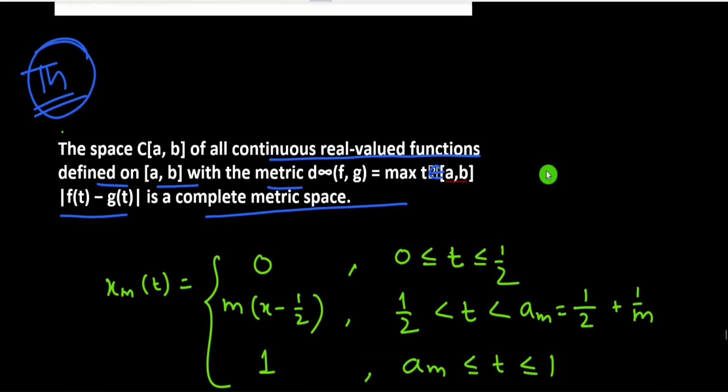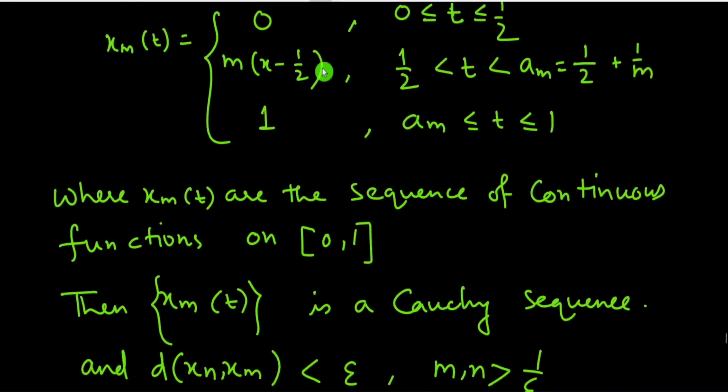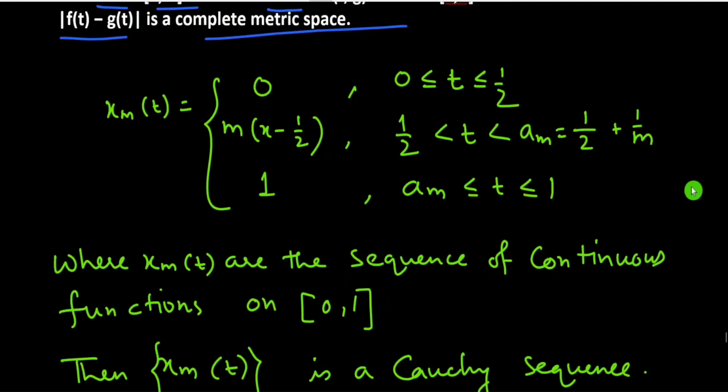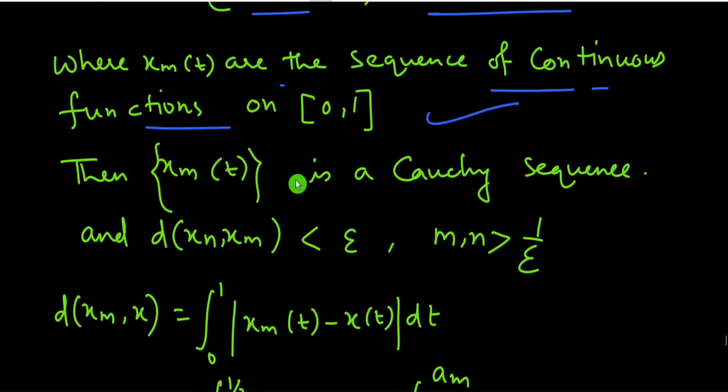Actually, complete means every Cauchy sequence of that metric space converges to a point which belongs to that set X. Every Cauchy sequence is convergent in X. Now, take a Cauchy sequence x_m(t) of continuous functions on [0,1]. Since x_m(t) are a sequence of continuous functions, the limit function must be continuous, but we check that the limit function of this is not continuous, therefore the sequence is not convergent.